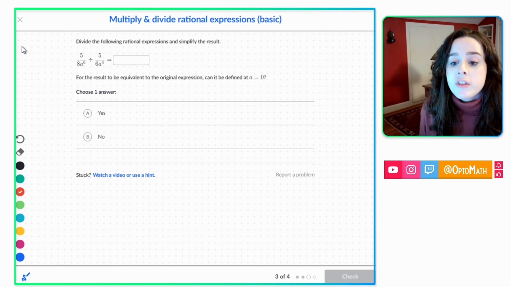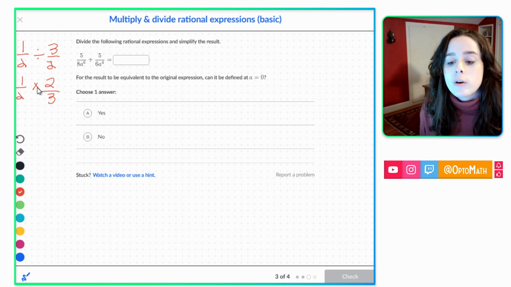Okay, so if we think about regular fractions, let's say we have 1/2 divided by 3/2. This is the same thing as multiplying by the reciprocal, which is another way of saying we're going to multiply by flipping our second fraction. That's what a reciprocal is. You're changing the position of numerator and denominator.